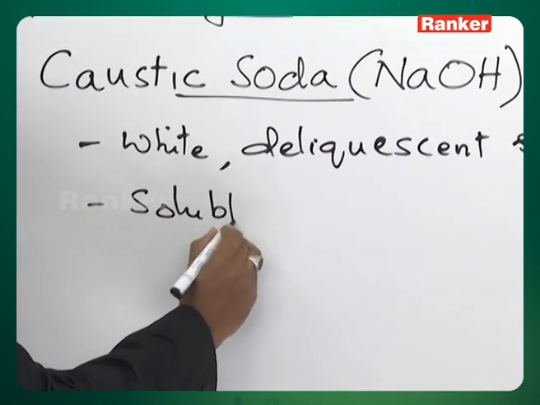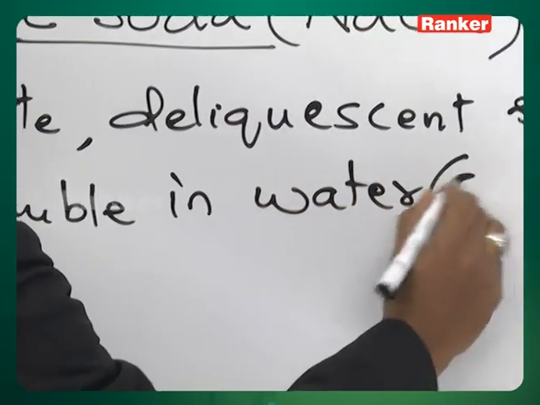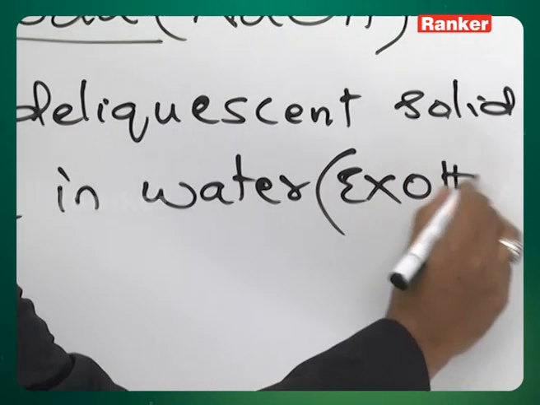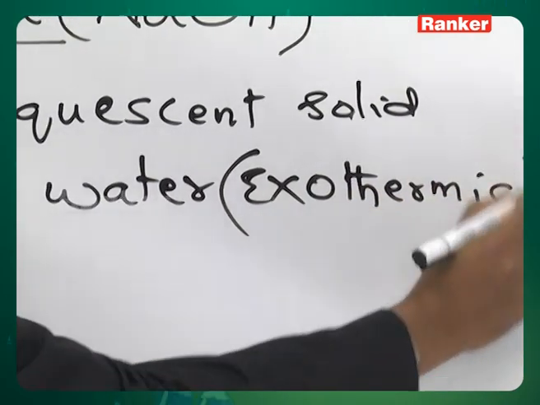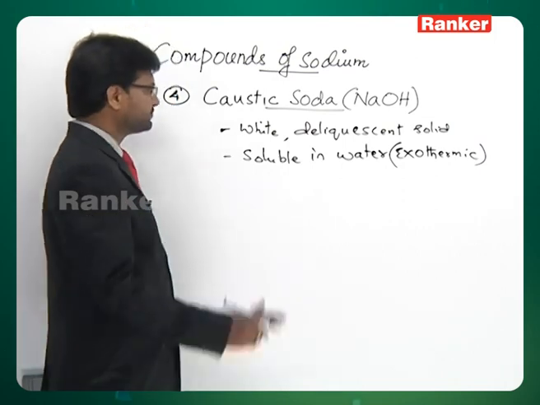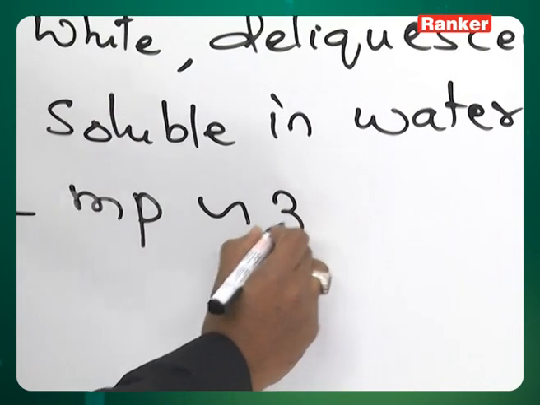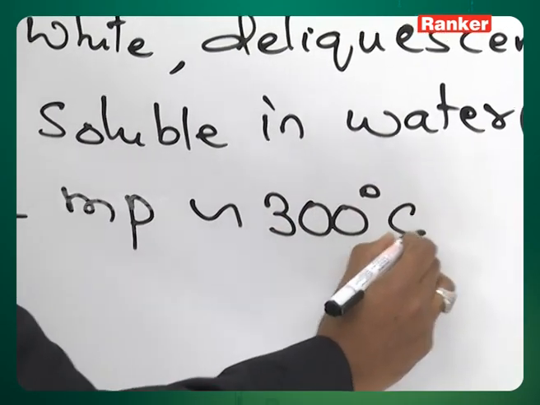It is soluble in water, and remember the dissolution is exothermic. That means it dissolves in water with evolution of heat. Its melting point is close to 300 degrees Celsius.